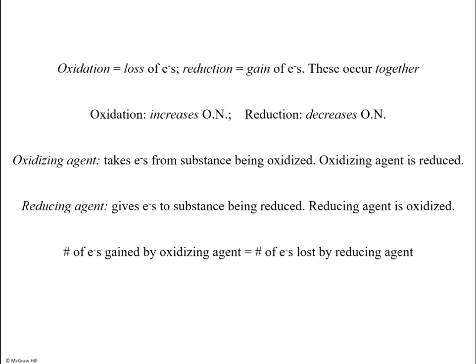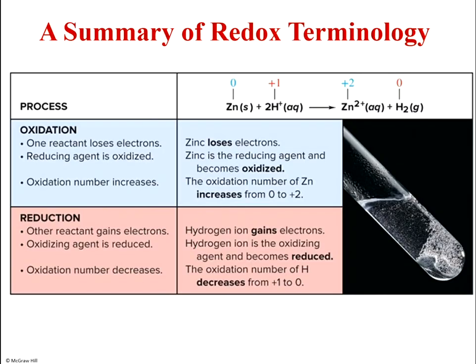And in all our reactions, we see that the number of electrons gained by the oxidizing agent will equal the number of electrons lost by the reducing agent. Here's a summary of our redox terminology using a reaction we've looked at previously as an example.